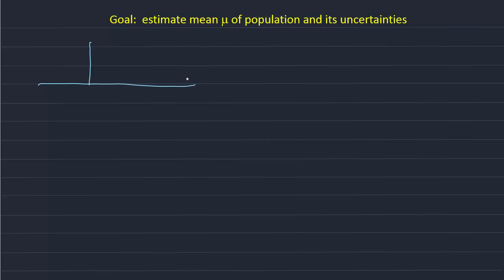It can be normal, it need not be normal, it can be any population distribution. So I'm drawing, this is the population PDF, and on the x-axis is the values of x.